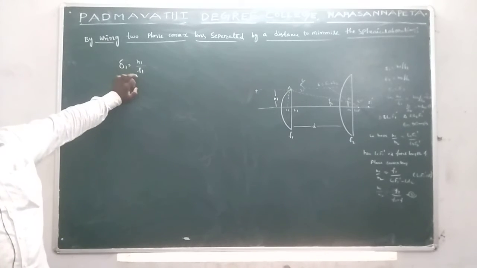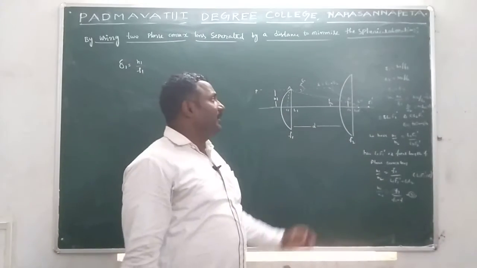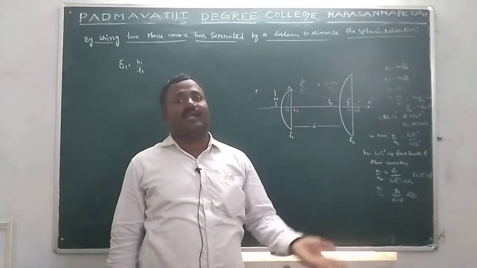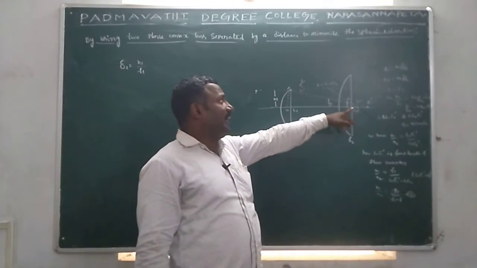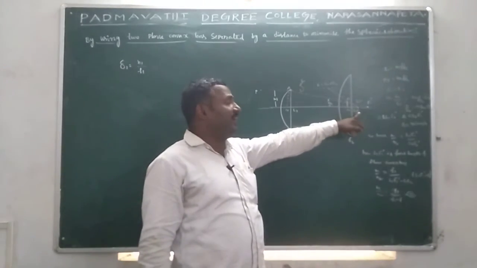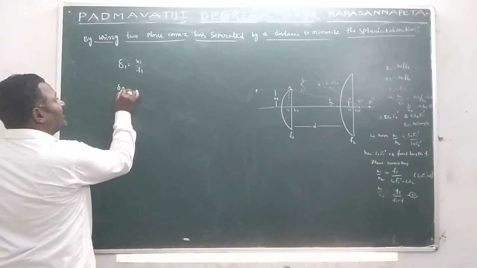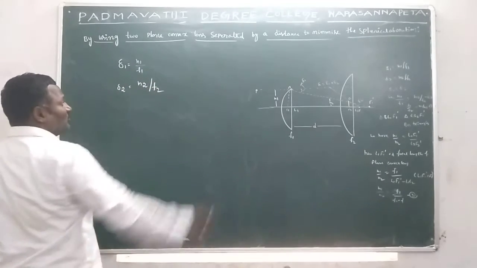That means the focal length of the first lens, and after that the refracted ray at height h2 is incident on the second lens at angle delta 2, and the image is formed at F. Here the angle of deviation can be written as delta 2 equals h2 by f2.